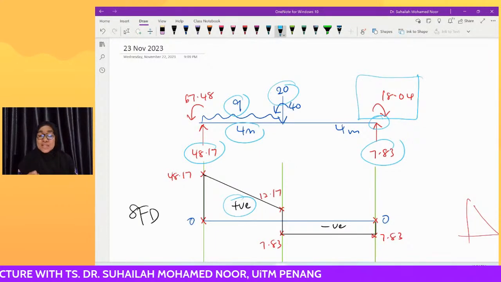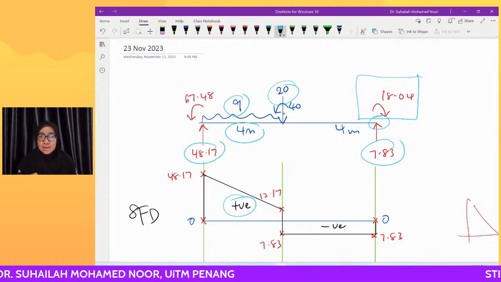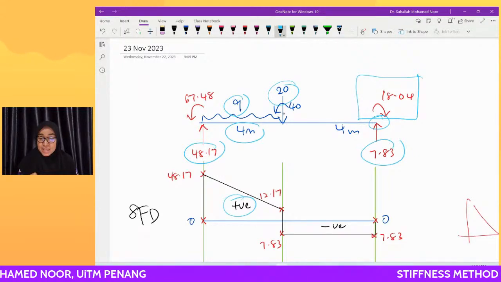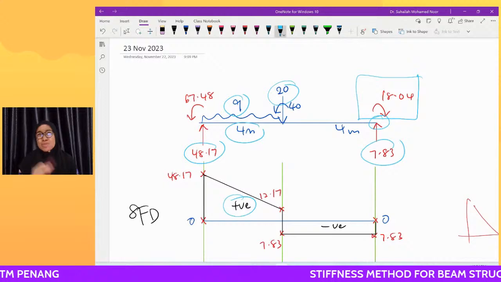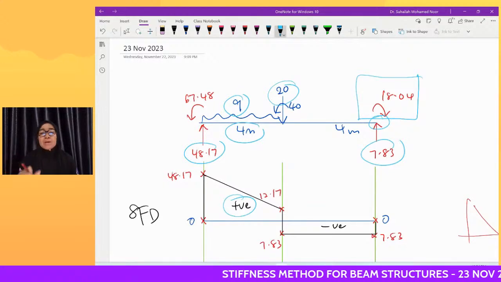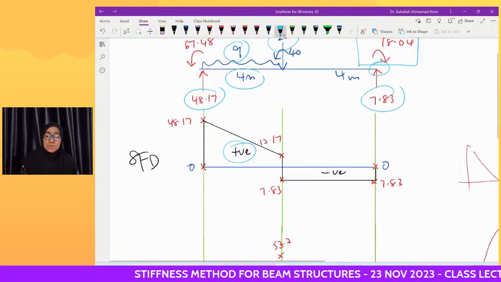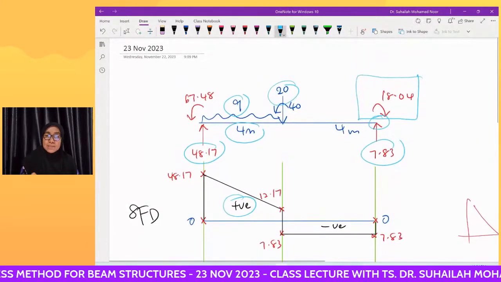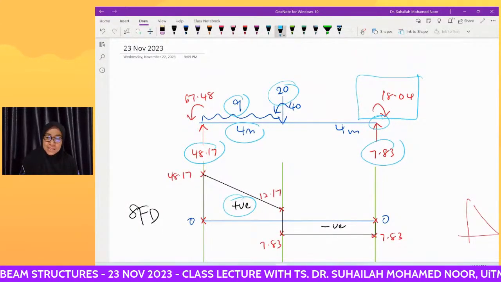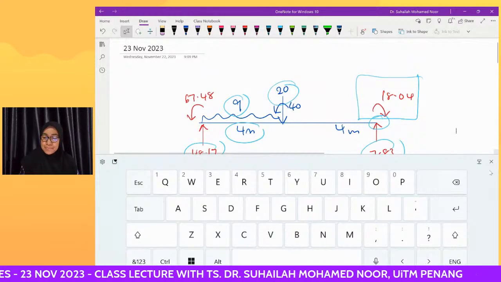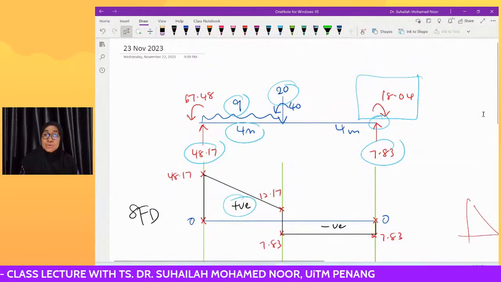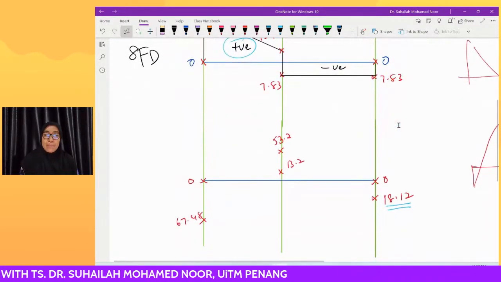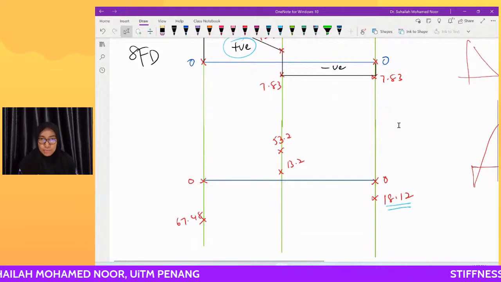It is in the positive direction, right? It is clockwise. It is 18.04. So assume 18, 18.0. When we plus this 18, we get back to 0.